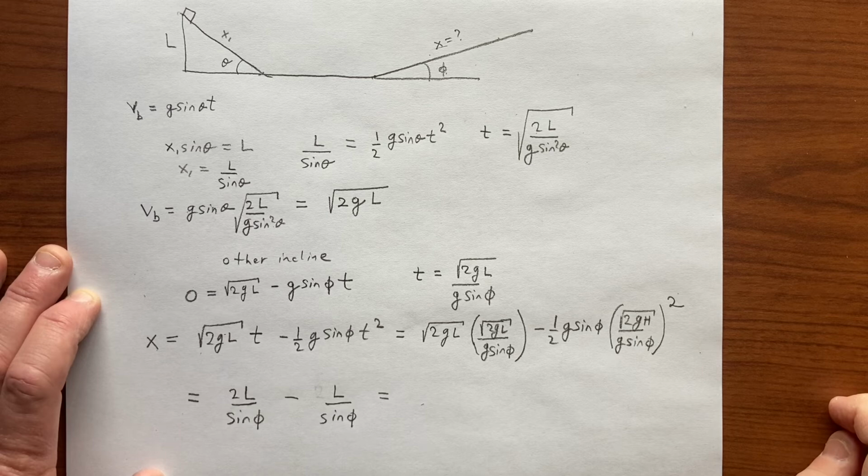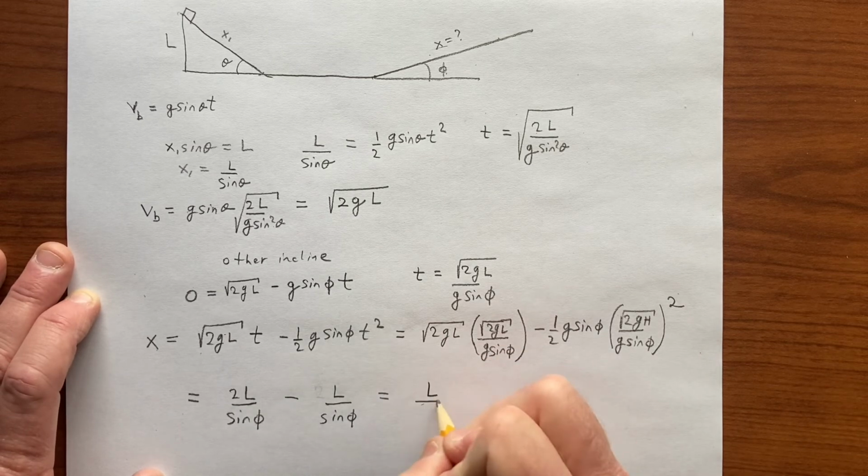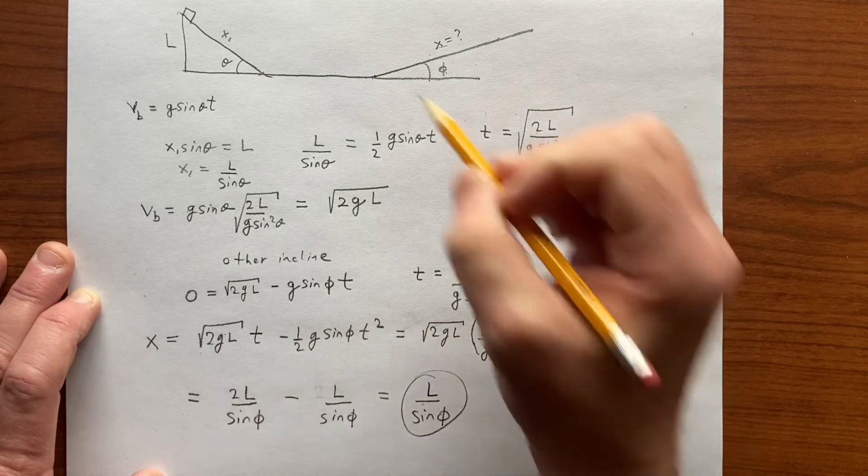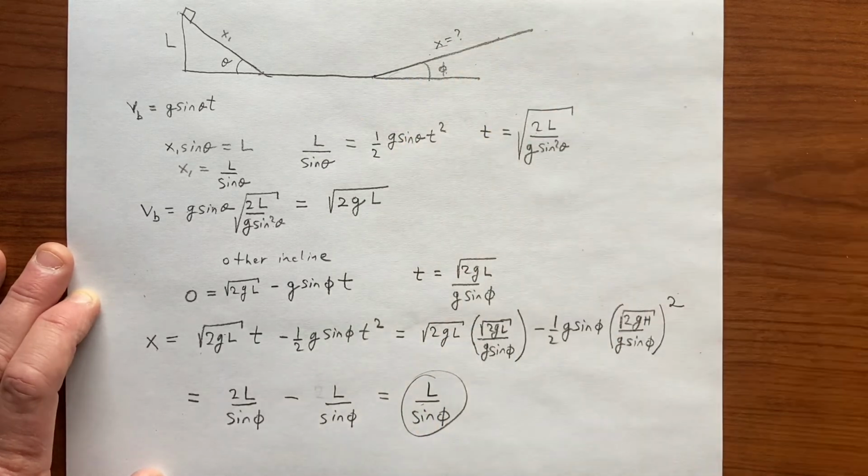And so we end up with L over sine of phi as the x, as the distance traveled along here.